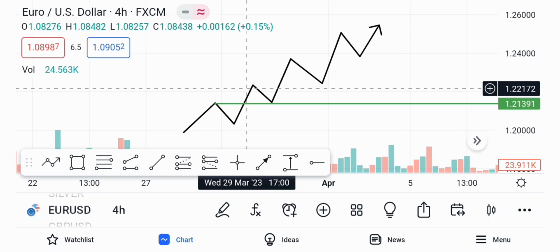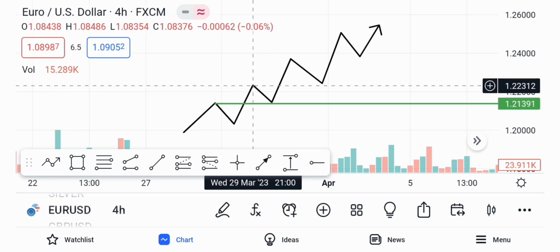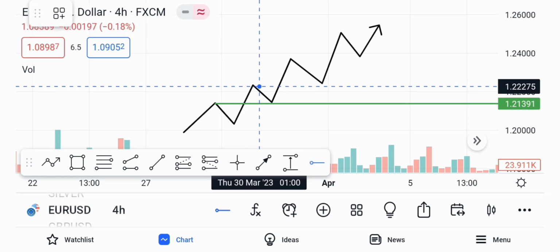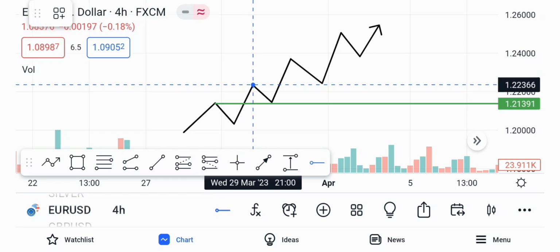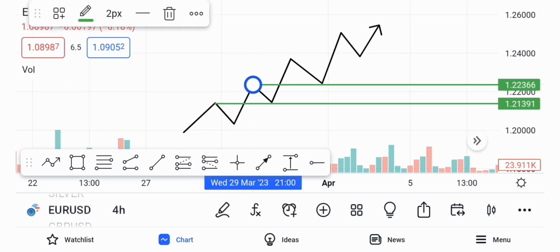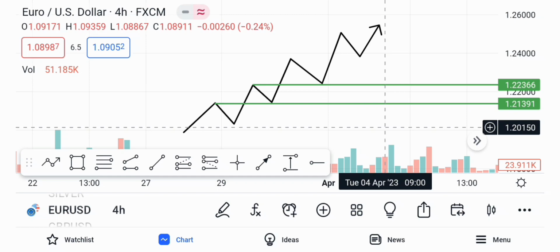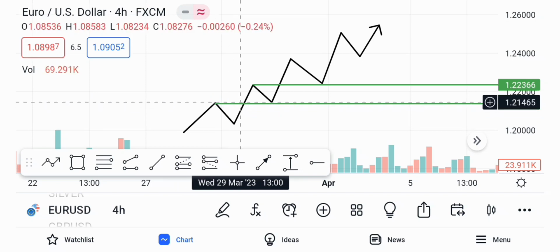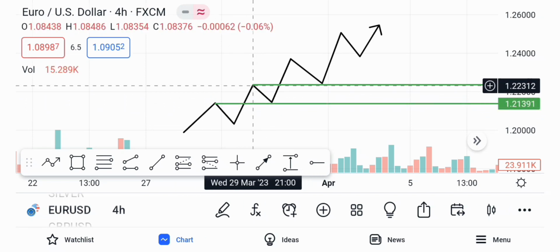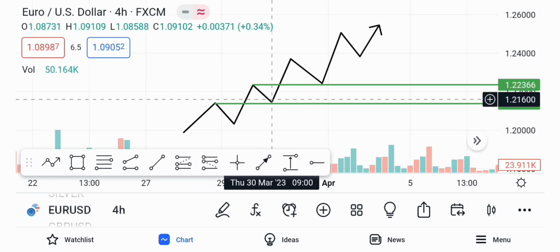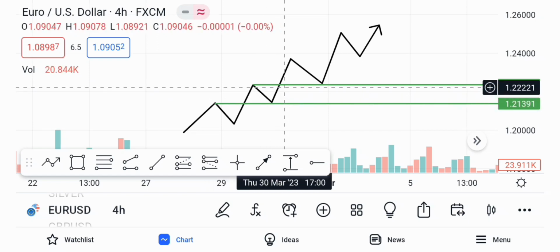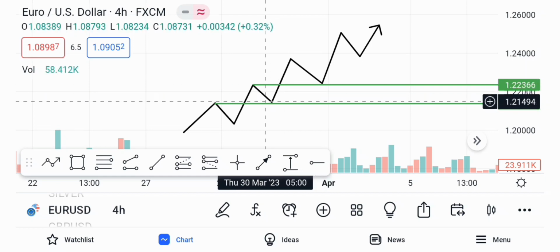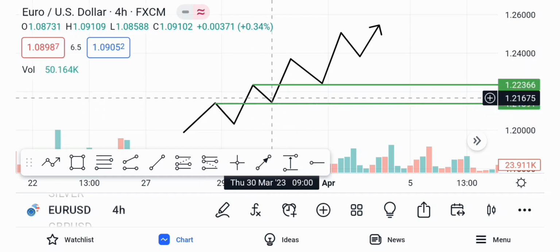So now, this higher high is our new resistance. Our resistance from our first higher high became a support for our next higher high. So as you can see in this example, our resistance becomes our support.